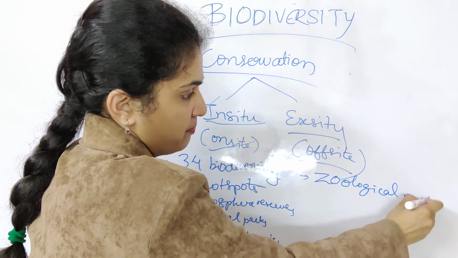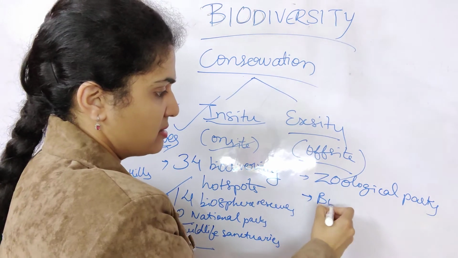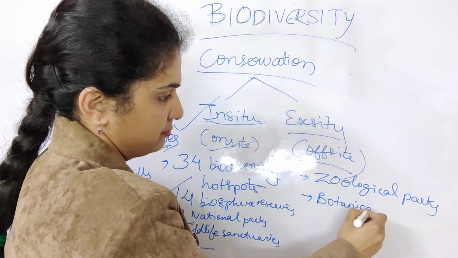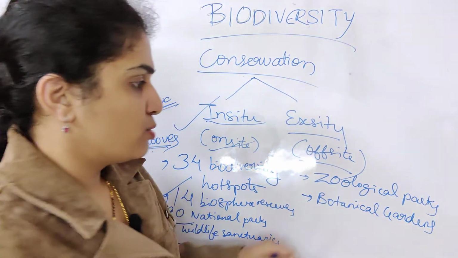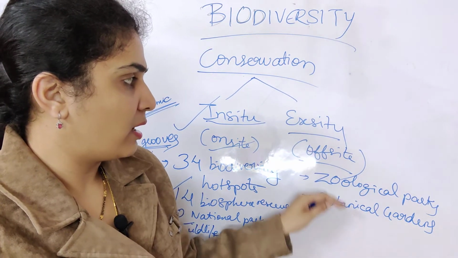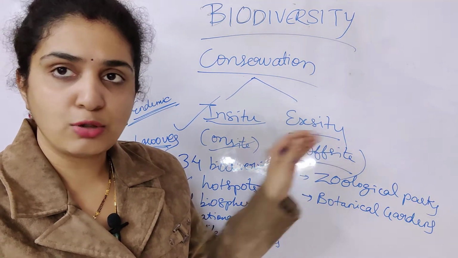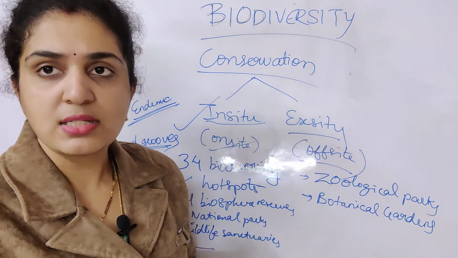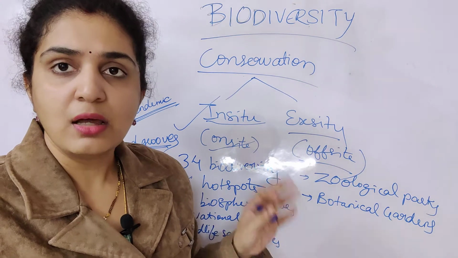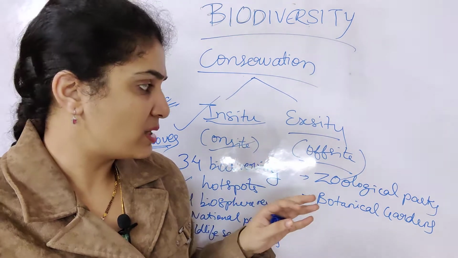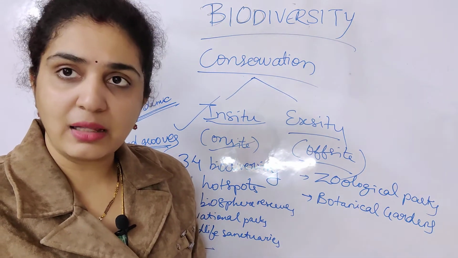Zoological parks like zoos, as well as botanical gardens. Everything here comes under off-site or ex situ preservation. They are not on-site, they are not associated with one specific area. Zoological parks and botanical gardens are man-made.